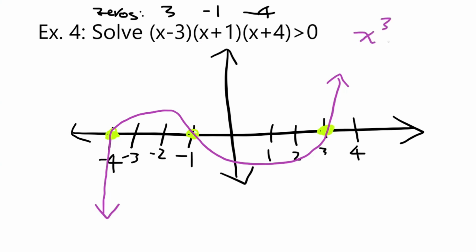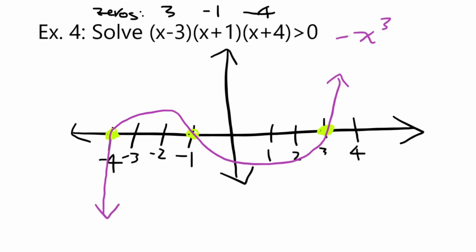X cubed is going to be the leading term of this polynomial when it is put together. And that's all you need to know for this. There's another thing, and that's the leading coefficient is 1 for all of these, meaning that when you combine all of these together, you're not going to get something like -4x cubed, because there's nothing there. It's just going to be 1, because this is the same thing as plus 1x cubed.